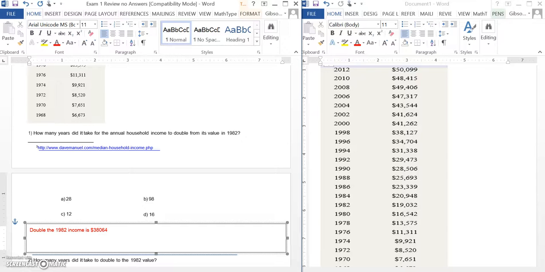Let me put the comma in here. So we had $38,064, which occurred around 1998, 16 years later.